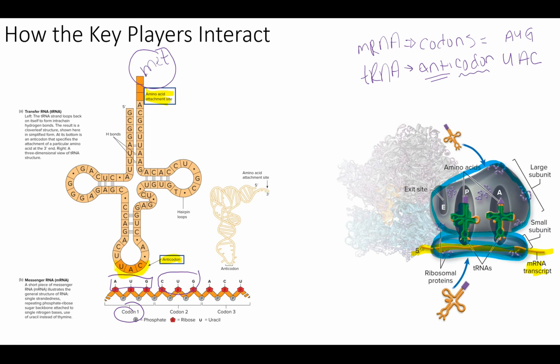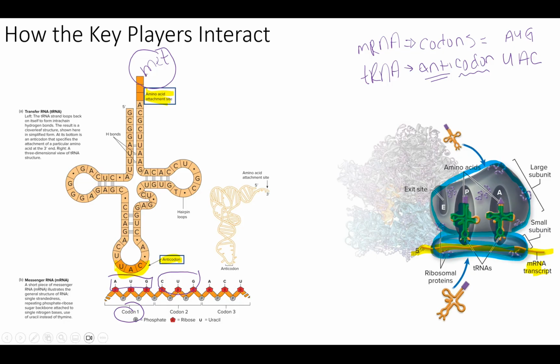Now, I am not going to be testing you on the A site versus P site versus E site, but I am going to refer to them when talking to make sure we're always looking at the same thing. So, what's going to be happening is the amino acid that's attached to our transfer RNA in the P site, eventually those amino acids are going to be attached to the one in the A site.